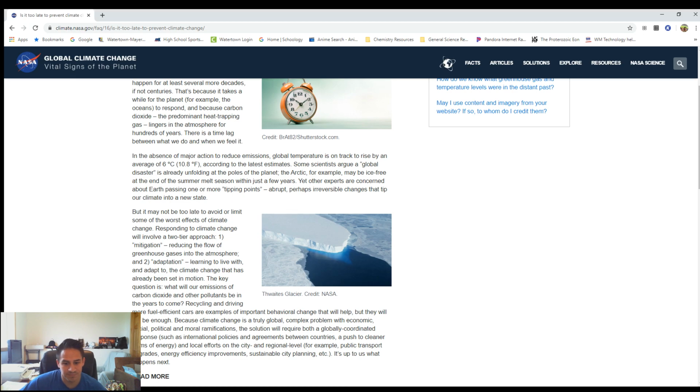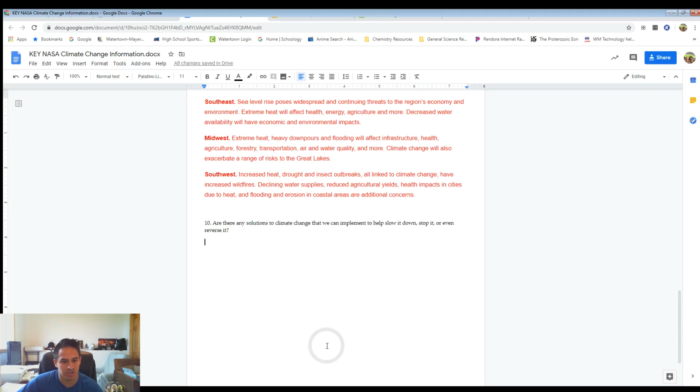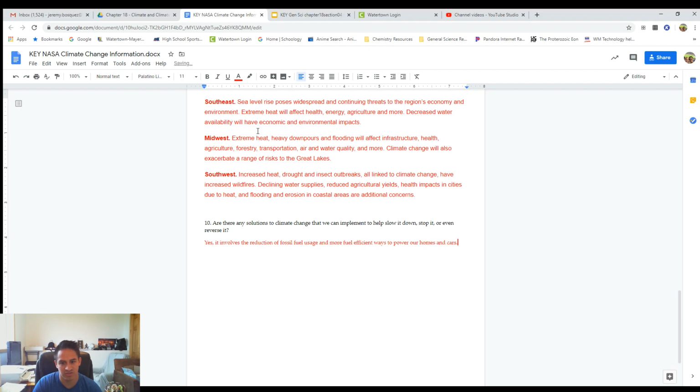So our question was, let's go back to our worksheet here. Are there any solutions to climate change that we can implement to help slow it down, stop it, or even reverse it? Yes, but we still have to live with things that we're going to deal with, right? So we can say yes, it involves the reduction of fossil fuel usage and more fuel efficient ways to power our homes and cars.